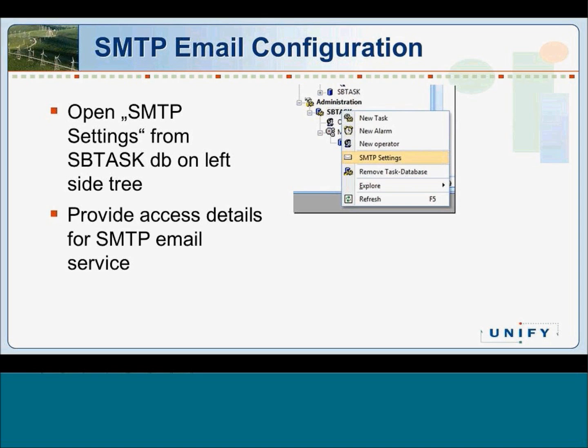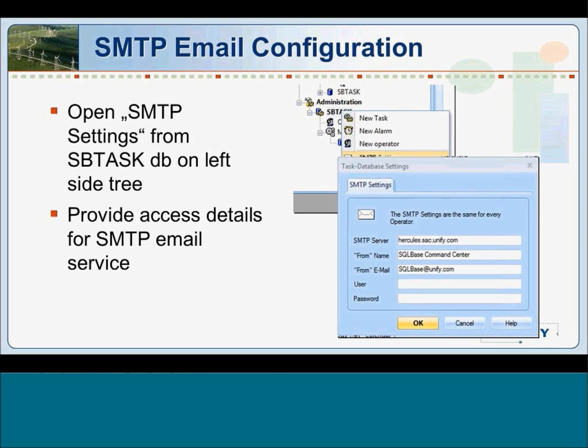You provide the access details for the SMTP email service or server, which looks like this for me. You might need a user and password. You need to get that from your network administrators. So you can have SQLBase Command Center send automated emails. And for that, Command Center itself doesn't need to run. Only the service needs to be active on the machine.